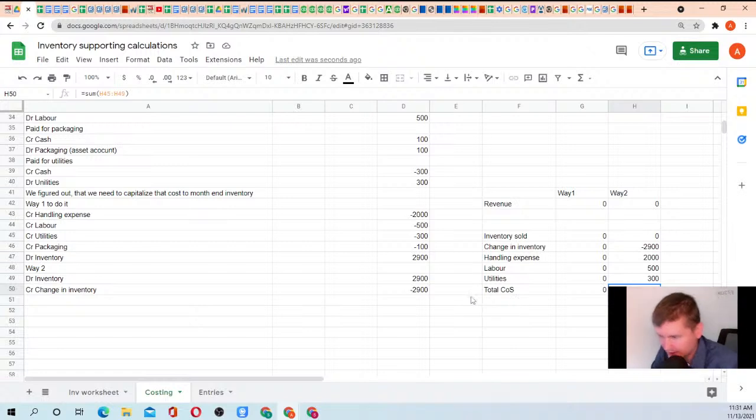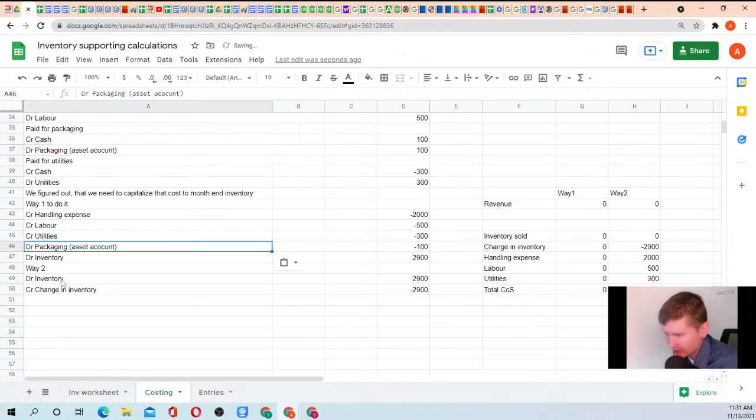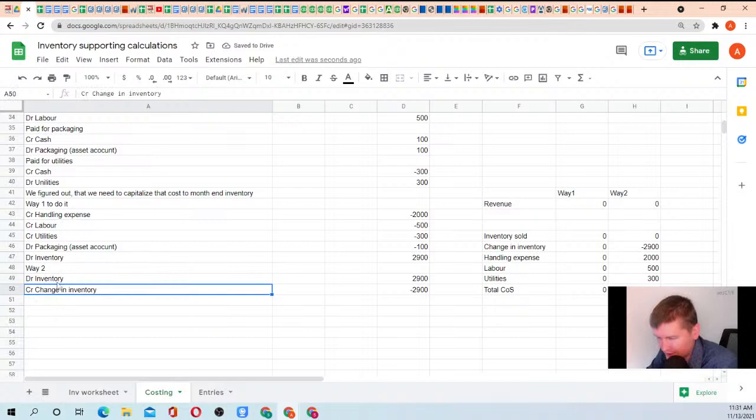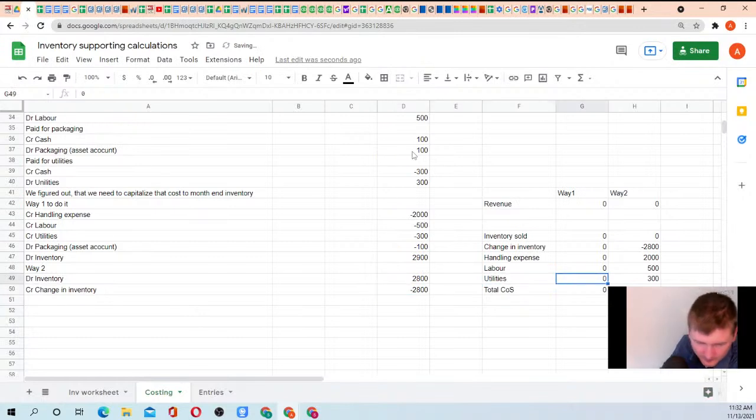What did I miss here? I missed packaging, and I missed it because it's already been capitalized. So I shouldn't include it into that change in inventory. It wasn't an inventory change. So I need to reduce my packaging here.